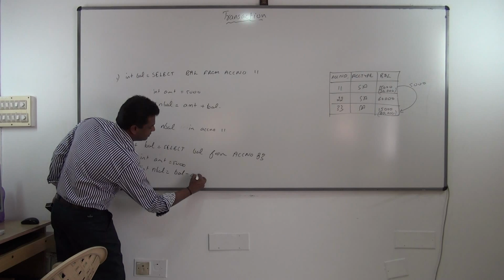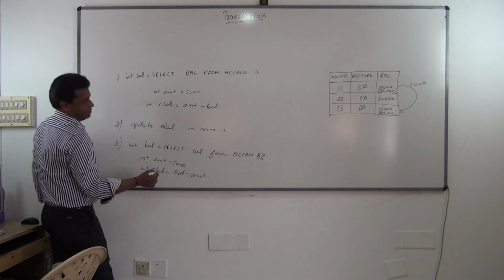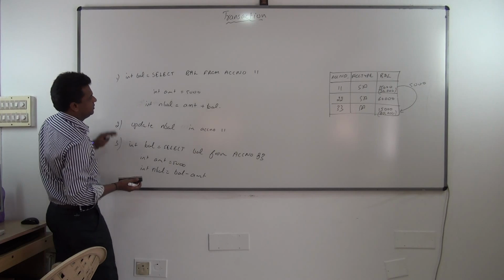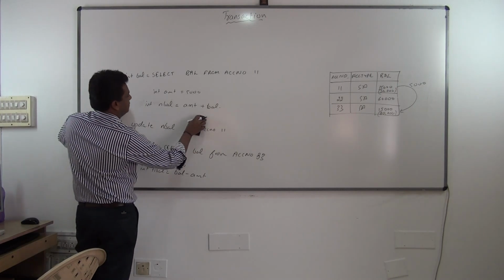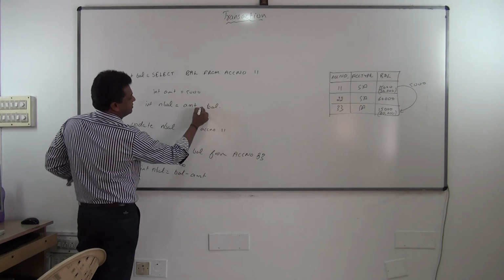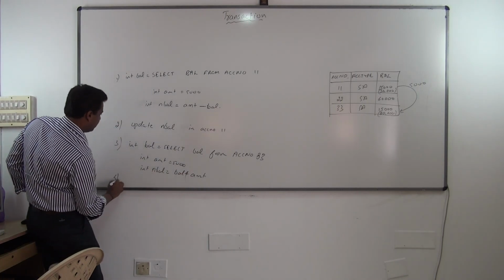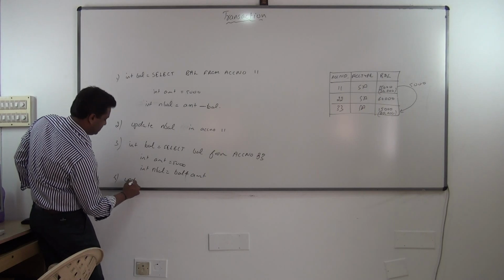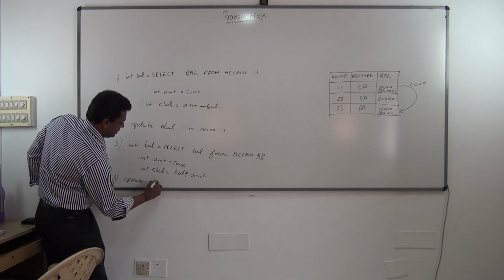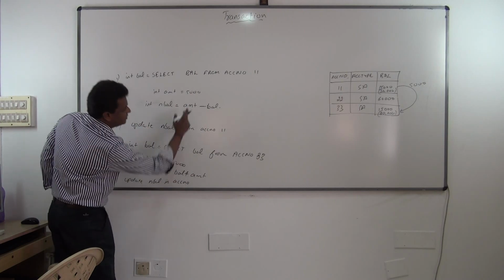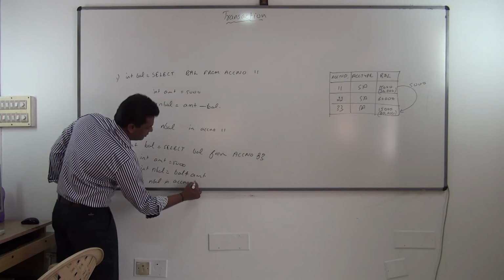Balance minus amount. Okay, one is minus and the other one will be plus. So then you'll update new balance in account number. There it is minus, here it will be plus. Account number 33.